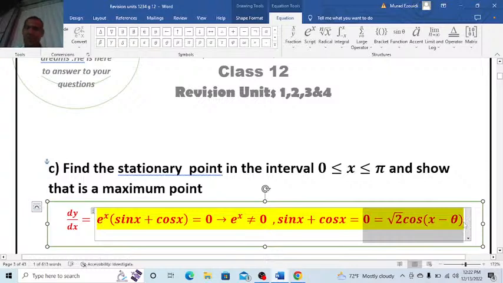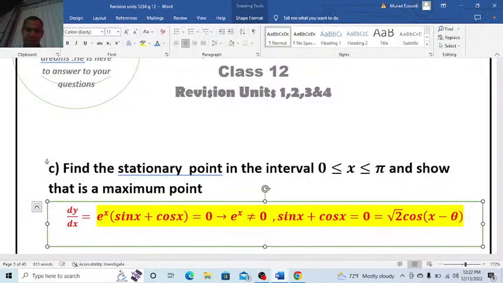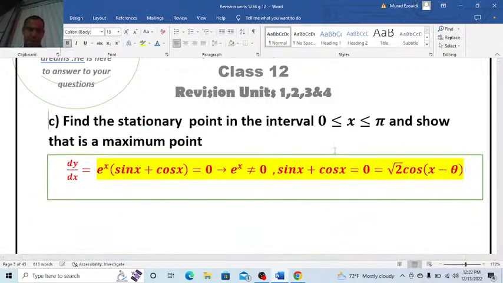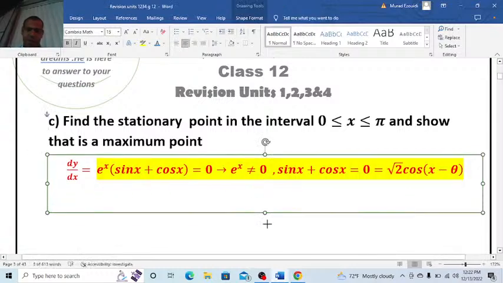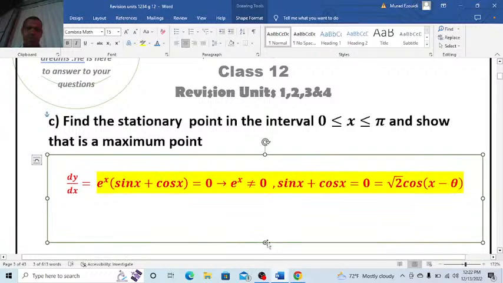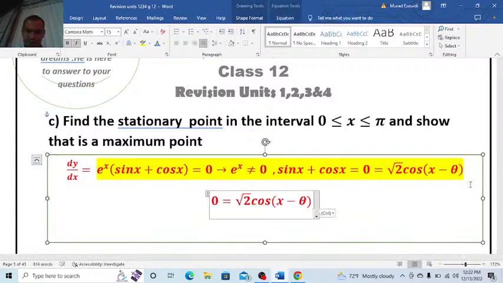Here in fact there are two methods we can use. Why should I set the first derivative equal to 0? To find the stationary point. So this one equals 0.